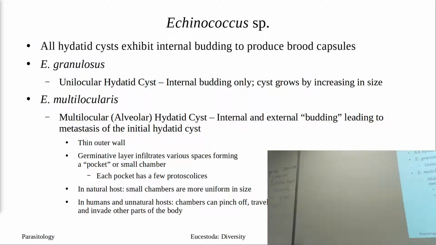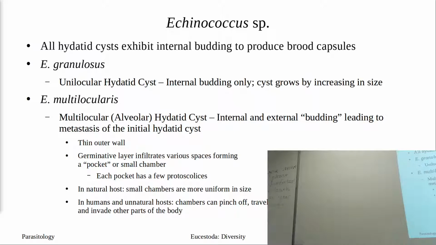But with granulosus, we have what's called a unilocular hydatid cyst, meaning we have internal budding only. It's going to grow and expand as just a large ball, you can think of a fluid-filled bowl. And as it continues budding, it's going to continue increasing in size.